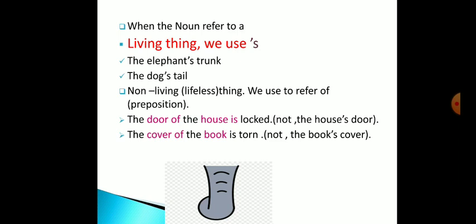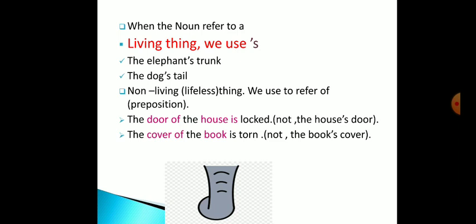The cover of the book is torn. Here you can see the cover and book are non-living things. Here we are not using apostrophe s, we are using of in the sentences.